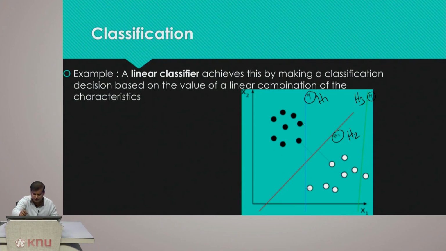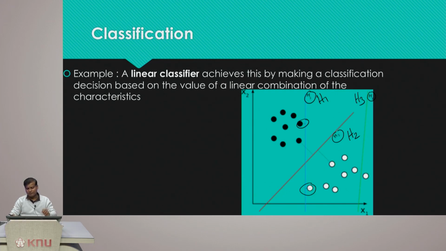For example, here it's very close to this section, as well as here it's very close to this part, the white group as well as the black one. So we don't consider H1 to be the best linear classifier because our main objective is to classify the two groups. We don't want this classifier to be closer to either of these two groups.